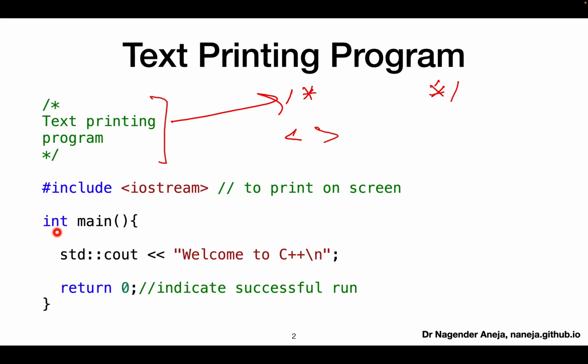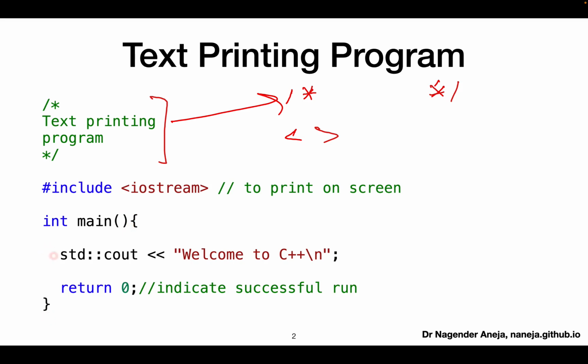Then we have int, which represents integer, and then main, which has parentheses, an opening parenthesis and a closing parenthesis. It also has a block which starts with the opening brace, the left brace, and ends with the closing brace.